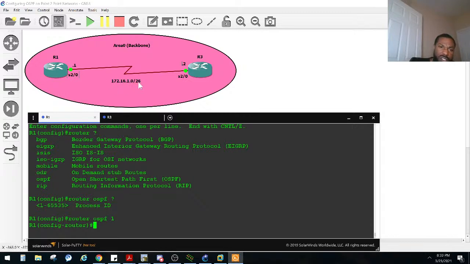Let me verify that. I don't think that's a 1.0 network, is it? It's /26, and we got to come up with the magic number again. It's every 128. Let me see.